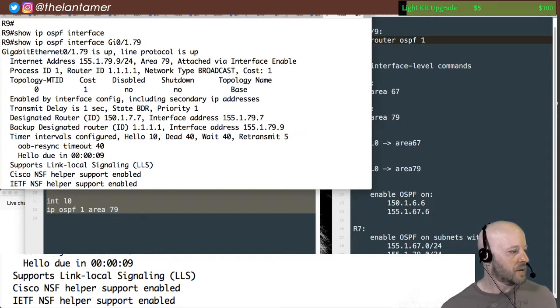Show IP OSPF neighbor, we did that. Although adjacencies have been established. Yeah, backbone area 0 is not configured. That's probably why we're having an issue.